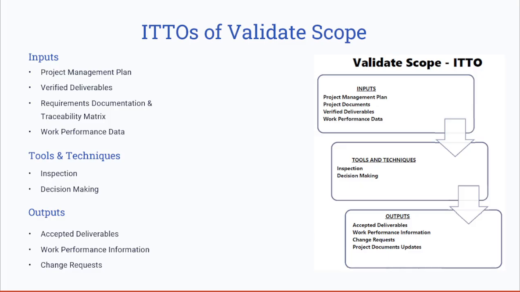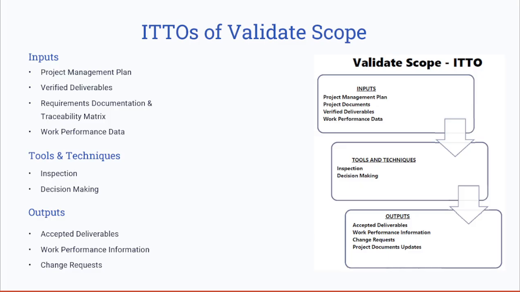We have inspection and decision making as the key tools and techniques used when validating the scope. Inspection is used to review the deliverables through audits, walkthroughs, or UAT, user acceptance testing reports.